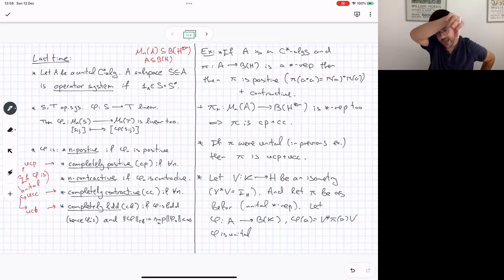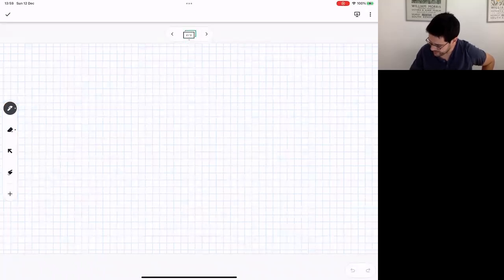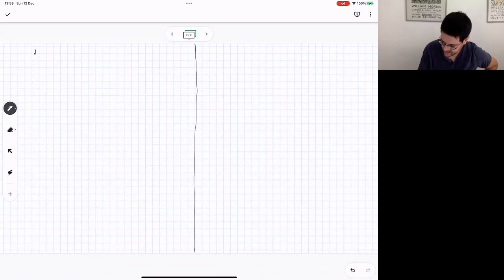There are many ways to think about it, but the easiest: you probably know, we probably used it before, that T in B of H is positive if and only if for every psi in H, psi T psi is positive.